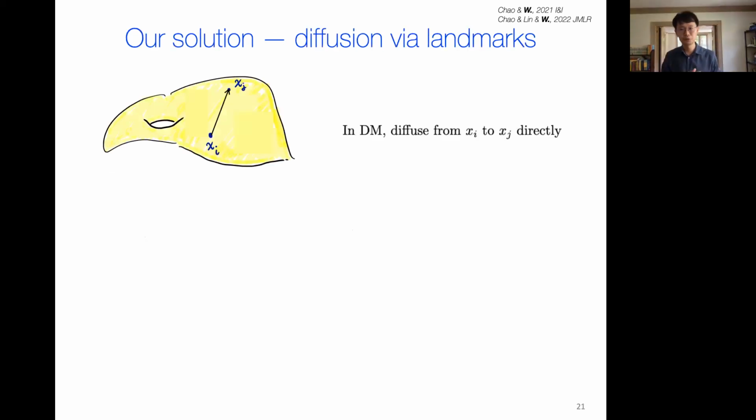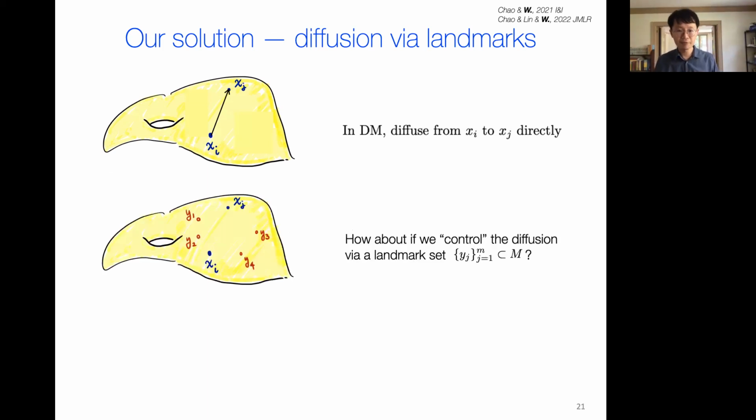So our solution is the following. We will try diffusion via landmarks. We know that in diffusion map, we want to diffuse from xi to xj. The diffusion is direct. But what if we now try to control the diffusion via a selected subset of points called the landmark set?